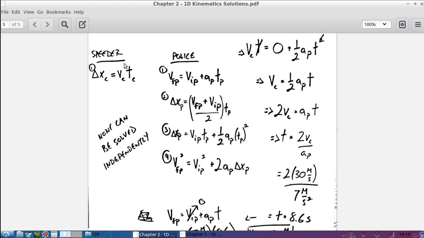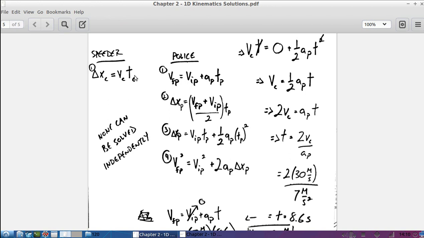So I think maybe, and I haven't tried this yet, you could set this equal to this right here. Let's see what you get. Try that out. Pause the video and set v sub c times t sub c equal to the right side of this equation.